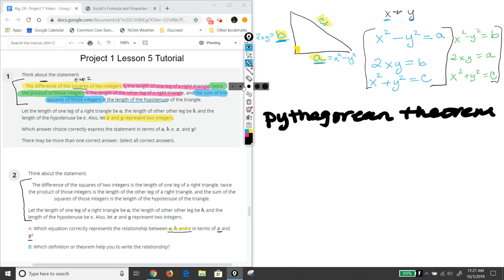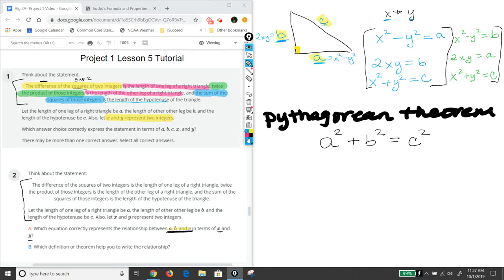Good old Pythagoras. So the Pythagorean theorem says that if I have one leg and square it, adding that with the other leg squared, it has to be equal to the square of the hypotenuse. So at least I was able to take those A's, B's, and C's and write one equation where they were all related together.